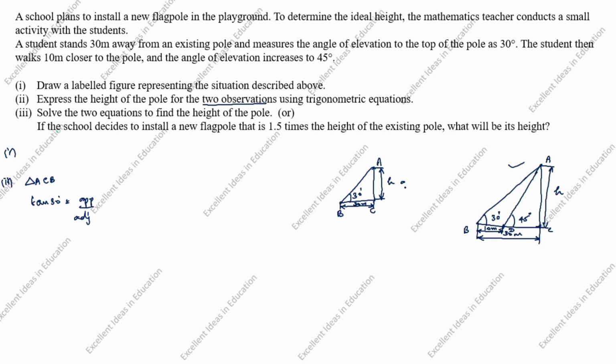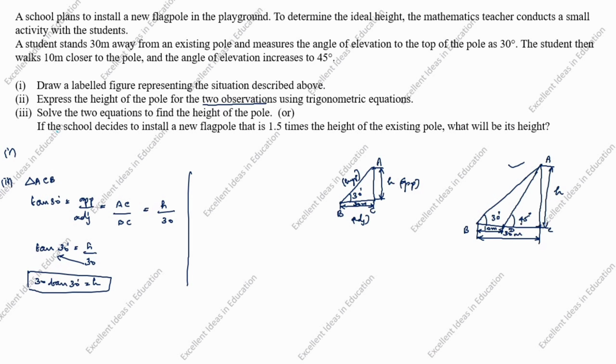The side opposite the angle is the opposite. The biggest side is the hypotenuse. The other side is the adjacent. Opposite is AC divided by adjacent BC, equal to H by BC. The BC value is 30. Tan 30 degrees equals H by 30. Cross multiplying, 30 tan 30 degrees equals H.